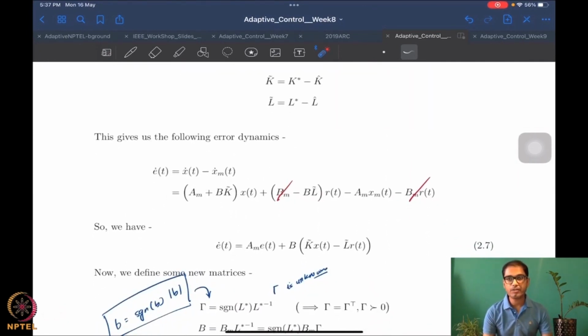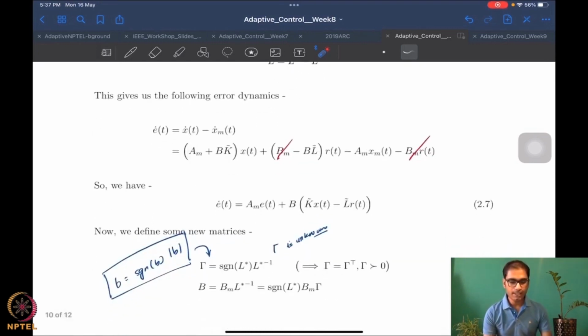So l star is symmetric definite, and we know whether it's positive definite or negative definite. So using this fact that we know the sign of L star, we define a matrix gamma, which is positive definite symmetric, which will appear frequently in the Lyapunov analysis.